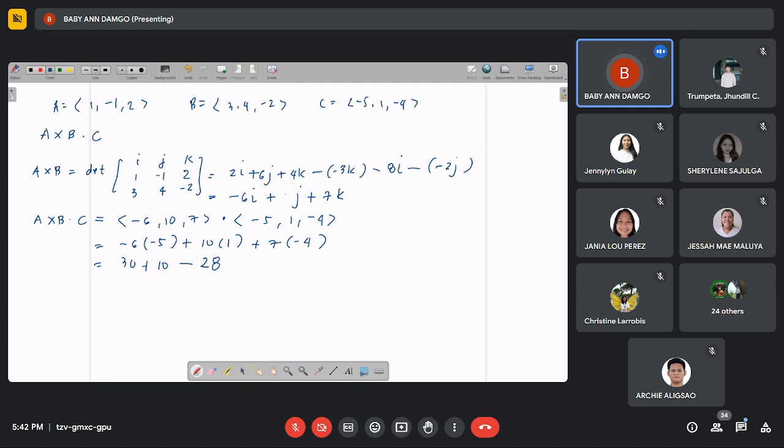We have 8j, so 6 plus 2, and then 4, so we have 7. So this is 6, 8, 7. So this is 8. Okay, so this is equal to 10.